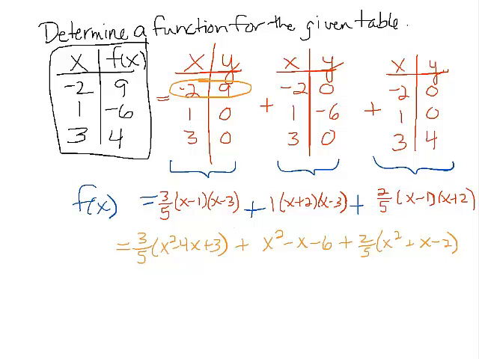Okay, so now let me just distribute the 3/5 and the 2/5. Notice 3/5 times -4, I just wrote that as -12/5. What is this? This is 9/5. Now I'm going to distribute the 2/5.